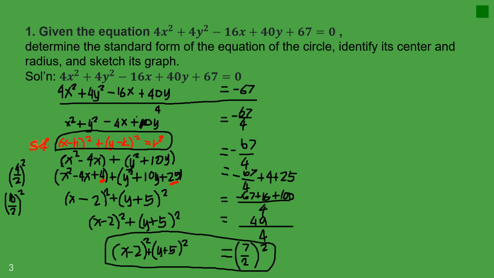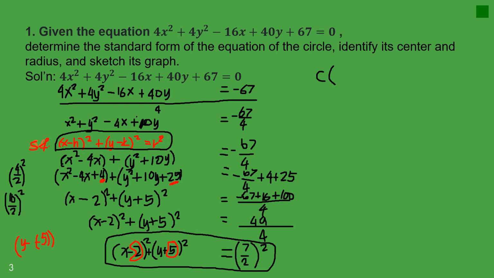From there, we can say that the center of our circle is at, look at these values, this is the x coordinate of the center, this is the y coordinate of the center, but remember it should be y minus k. So since this is y plus 5, then this should have been y minus negative 5. Right? Therefore, the y coordinate would be negative 5.